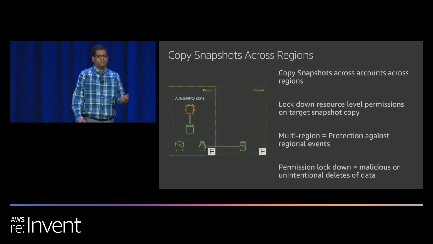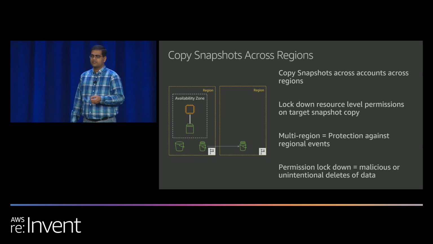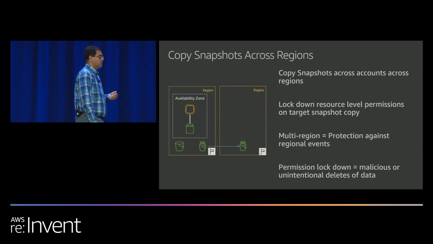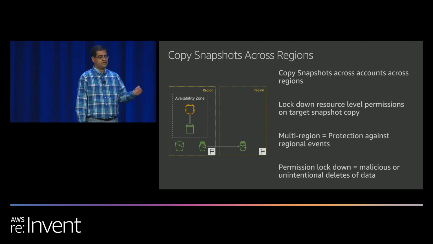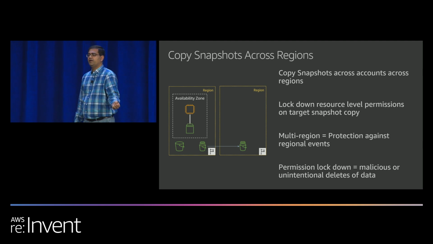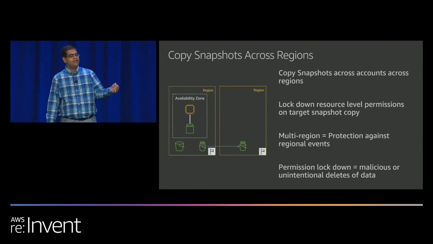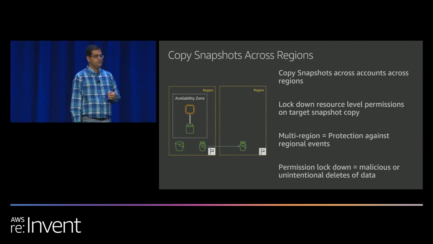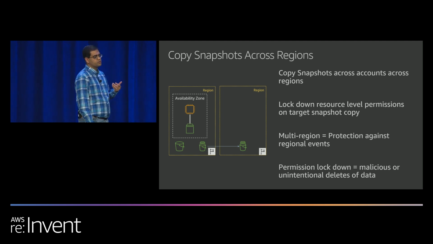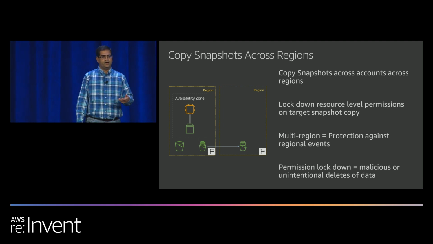What's a use case for that? This is a use case that we've discussed with multiple customers, and we see this pattern a lot. Customer has snapshots. For that particular snapshot, they then copy it across regions, and then in the second region, using the resource level permissions that are supported on snapshots, they take away those permissions and lock it down.